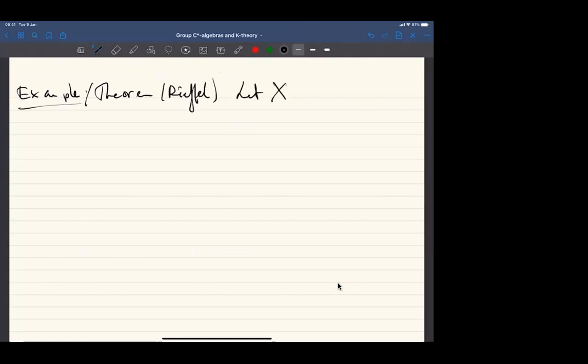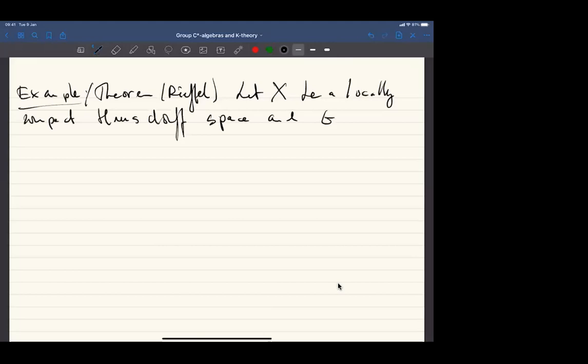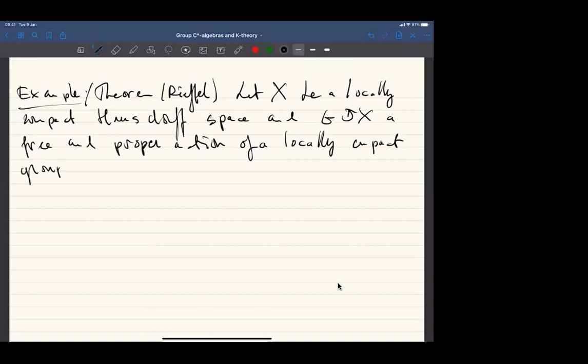So let X be a locally compact Hausdorff space, and G acting on X a free and proper action of a locally compact group G.